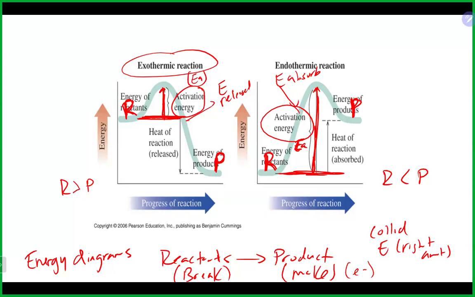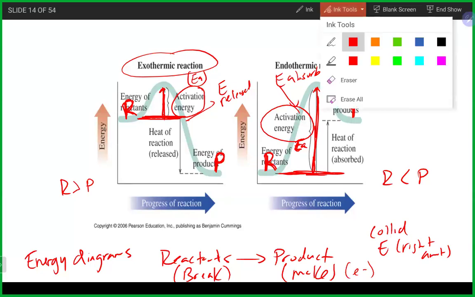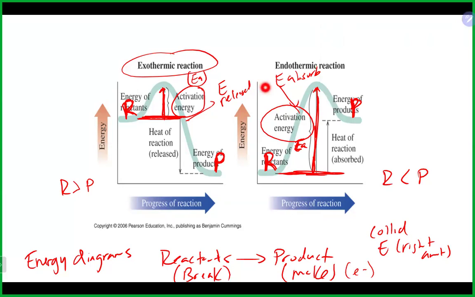So what happens as they go up this particular hill, you start to get bonds being broken, and at the same time, you have bonds being made. So you actually have partially broken bonds happening, and then you have partially made bonds, until you get to the very, very top of the hill.